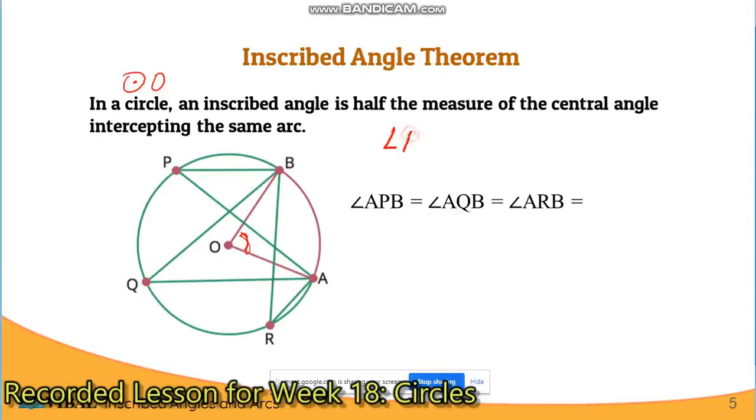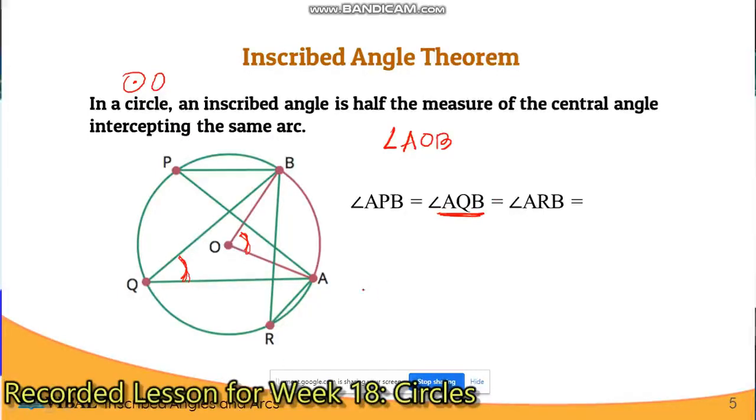This is our central angle AOB. Now, we want to find the measure of our inscribed angle. Our inscribed angle here is BQA or AQB.